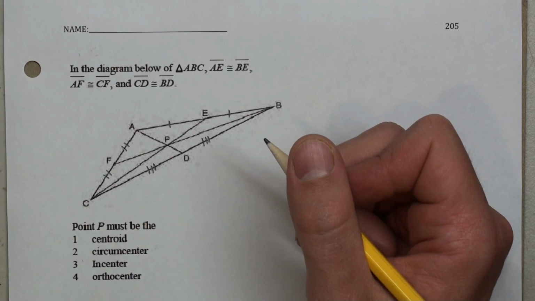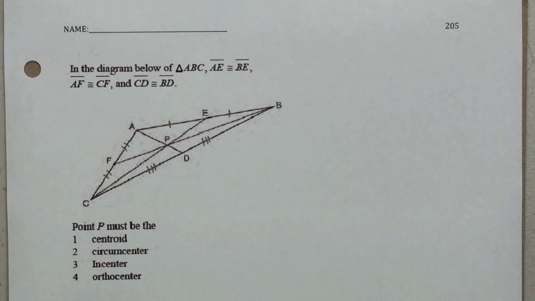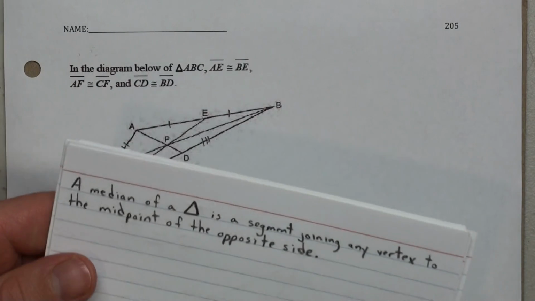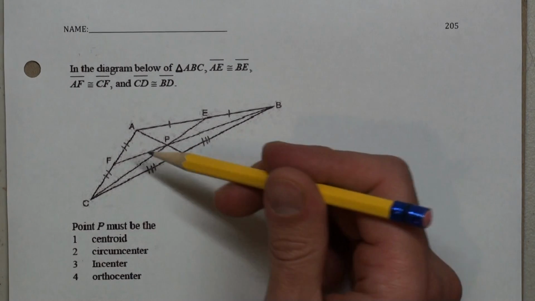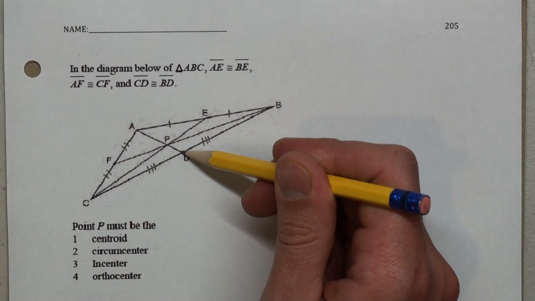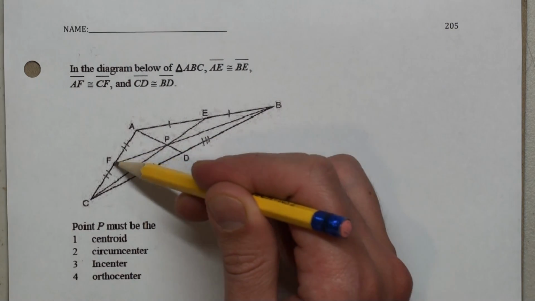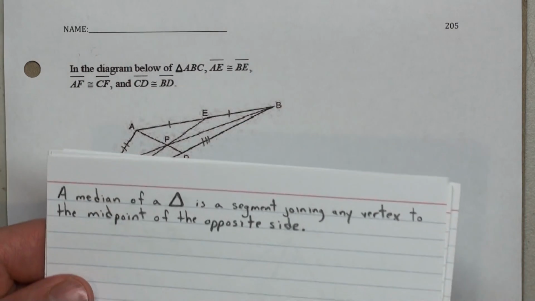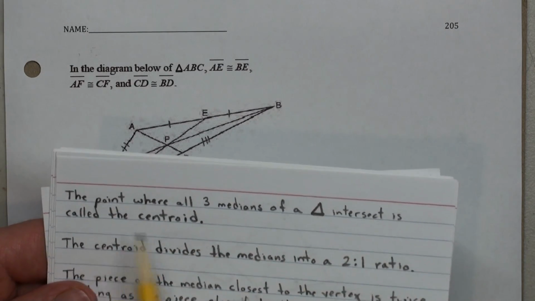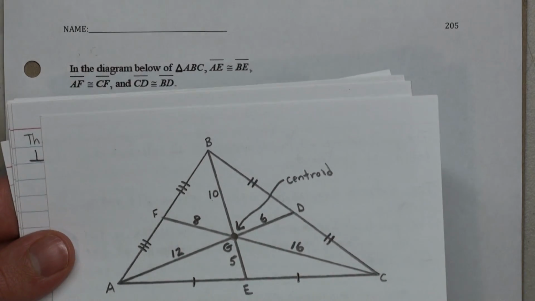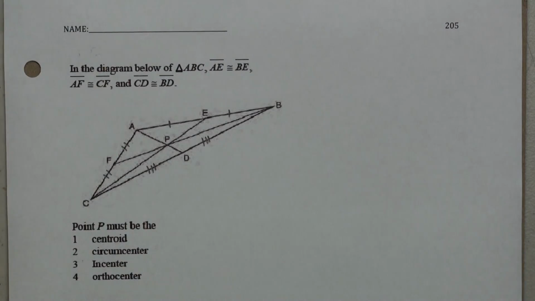Point P must be the, well, look, the median is a segment joining any vertex to the midpoint of the opposite side. See how it's going from the vertex to the midpoint, breaking this side into two congruent parts? Same thing, vertex to midpoint, vertex to midpoint. So those are medians. The point where all three medians of a triangle intersect is called the centroid. Just like that. It almost looks like the same picture. See that? That's centroid.